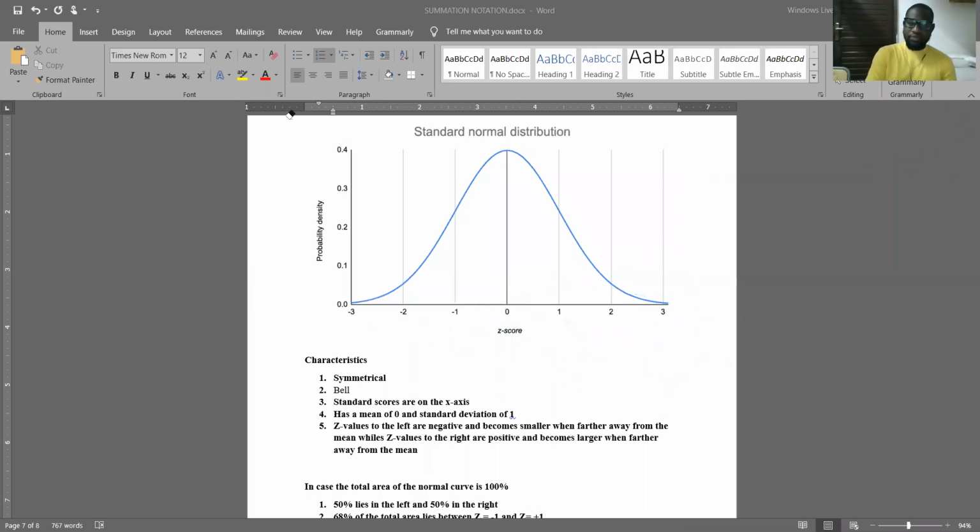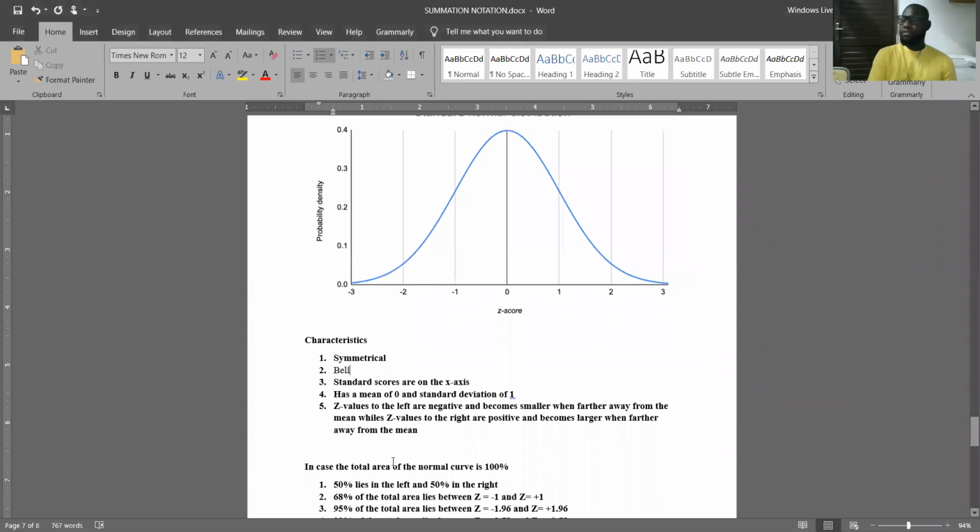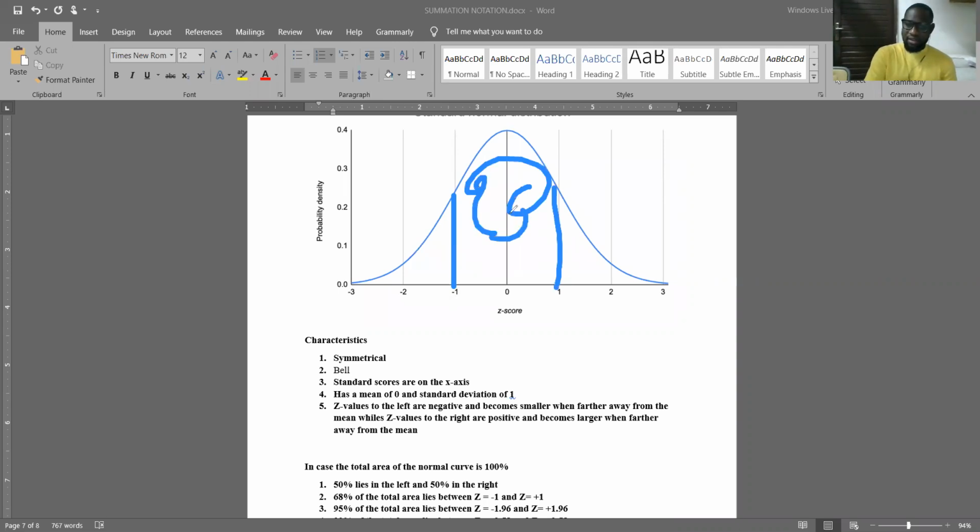As I indicated, when we take the normal curve distribution's total area to be 100%, we can assume that if the scores fall around -1 to +1, then the area here takes about 68% of the total area.